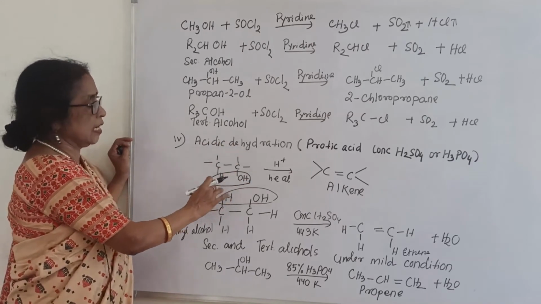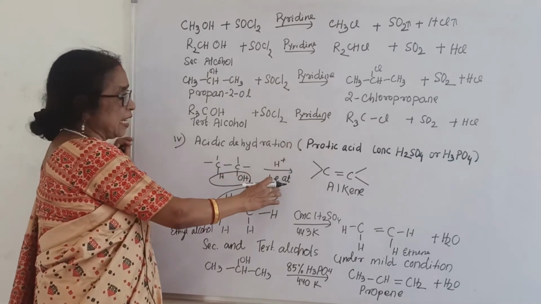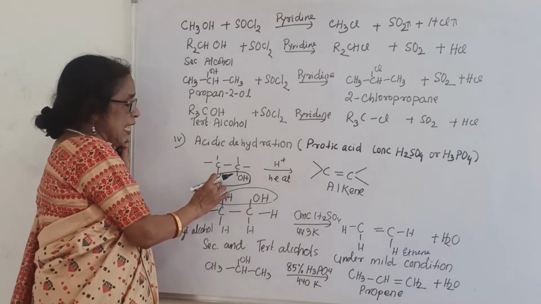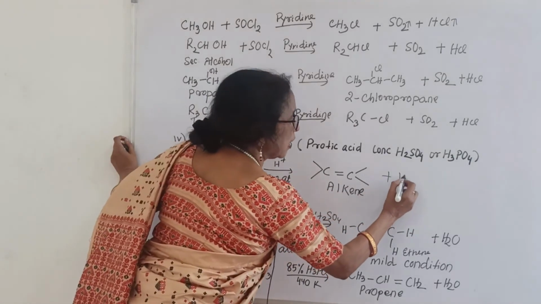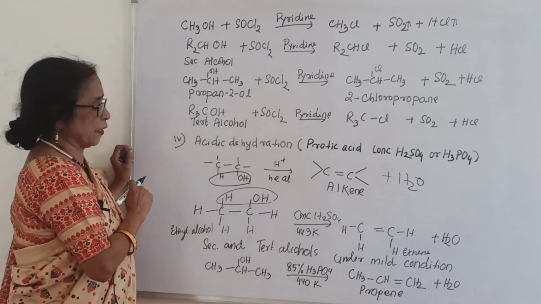Now this is the representation of an alcohol, with R or H groups on the carbon. In presence of acid and heat it gives alkene. How? Because this H and OH give water, and the alkene is the main product.